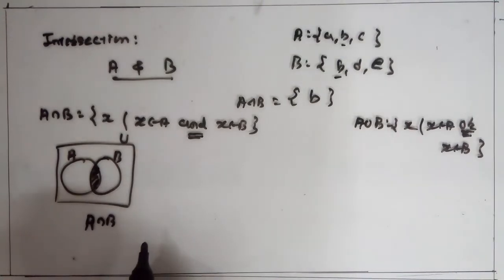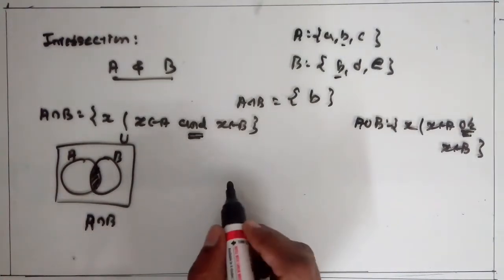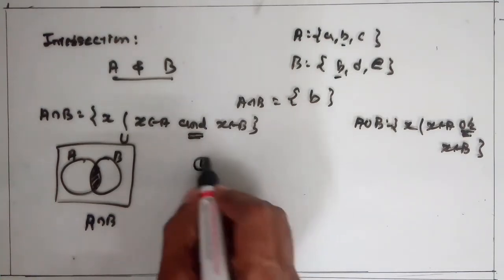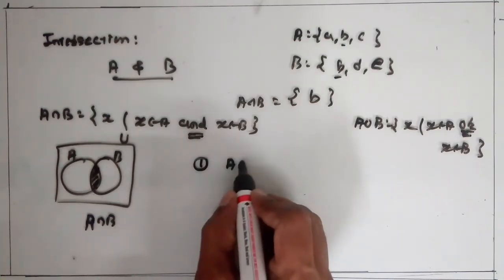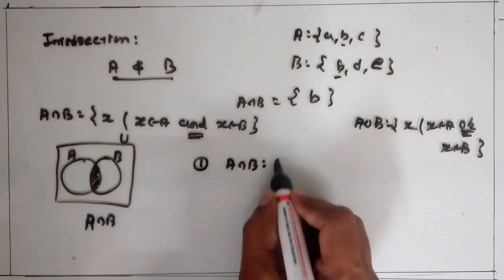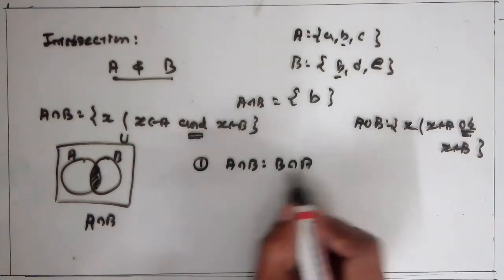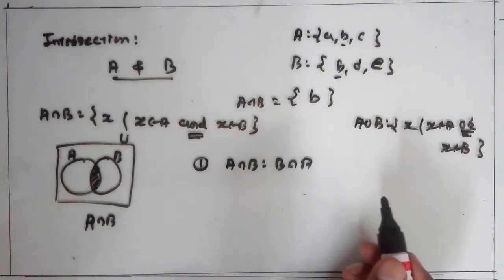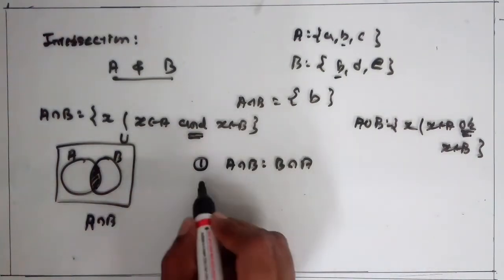Now about the properties of intersection. Number 1, A ∩ B is equal to B ∩ A. You know that this is the commutative law.